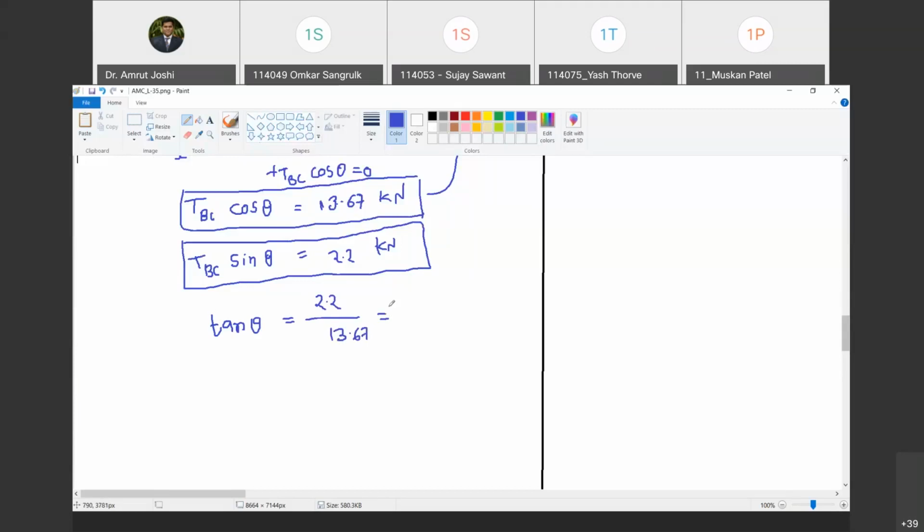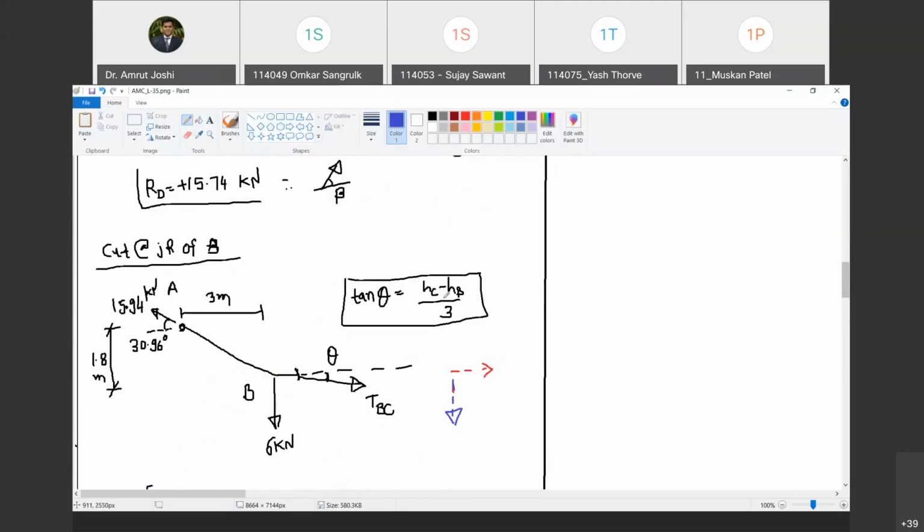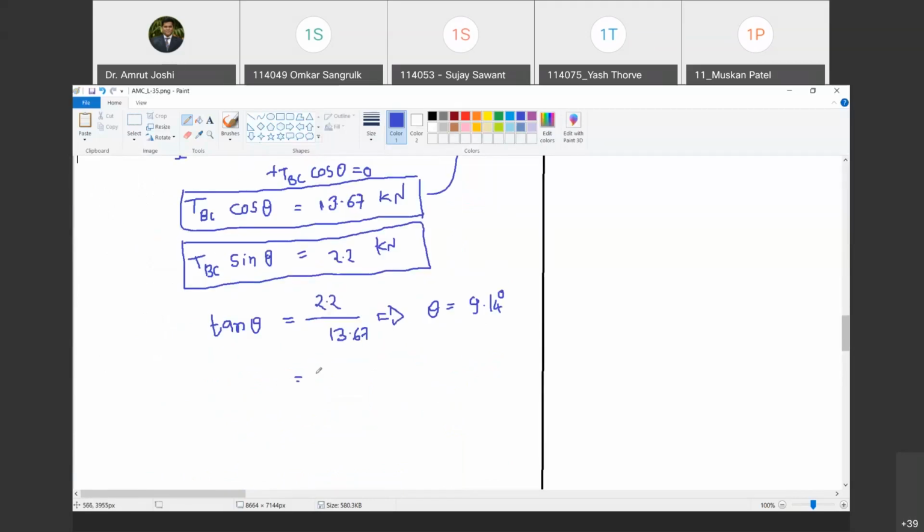That implies theta is equal to how much? 9.14 degree. That's fine. But what is the value of tan theta? Tan theta is HC minus HB upon 3. So can I equate this to HC minus HB, which is equal to 1.8 by 3? If I equate this, then I will get the value of HC. So can you tell me how much is HC?